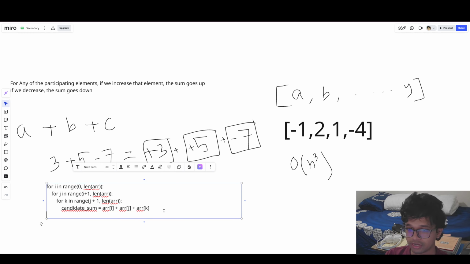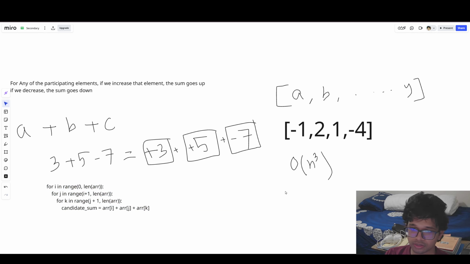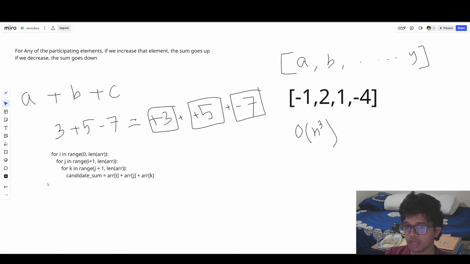Then we can compare this candidate sum to the target and store our results. We can all do that, no issues with that.